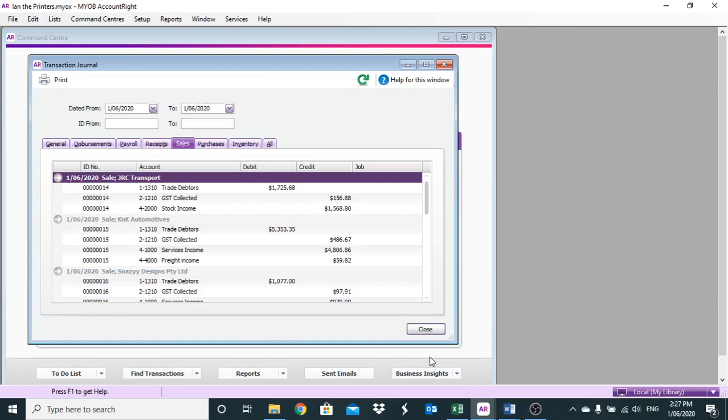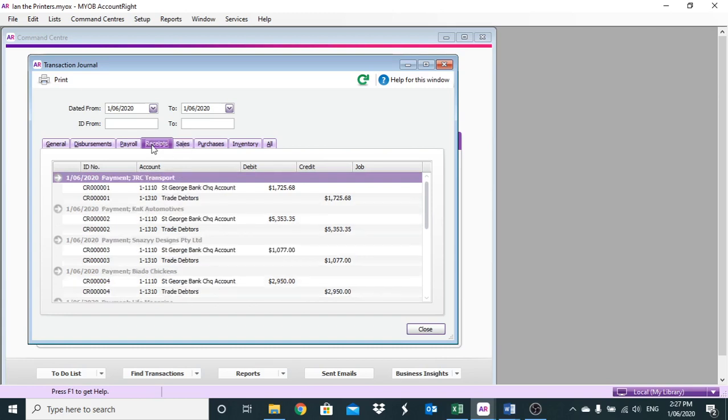In the exercise, it asks us to go into that setting and to select the option, which we've already done. Then it says go to the payment side and it wants us to reverse a payment for JRC transport. Now, we've got two sides of this. We've got the actual sale itself here, and we've got the receipts or the payment. Now, what we want is not to reverse the sale, but to reverse the receipt or the payment.